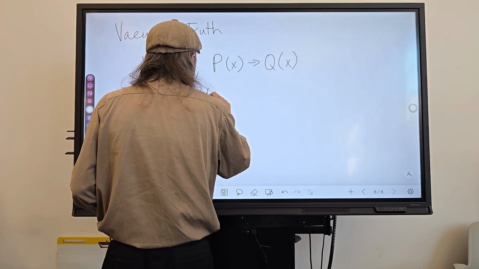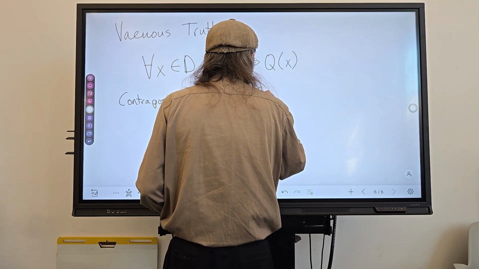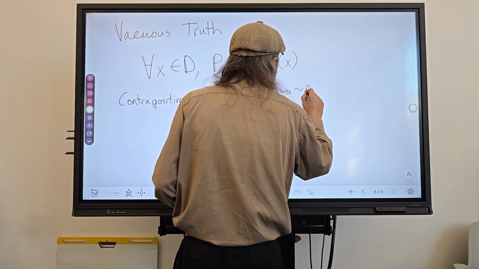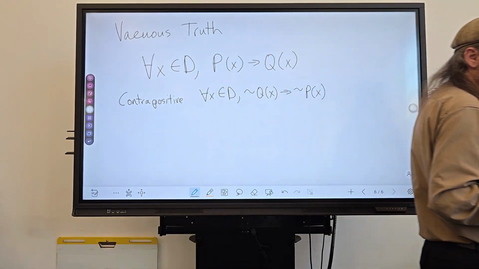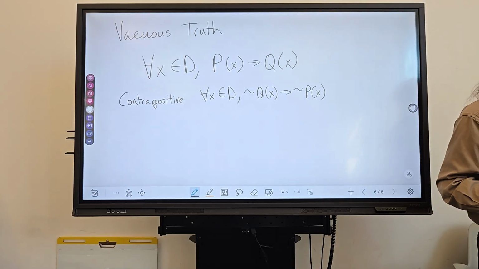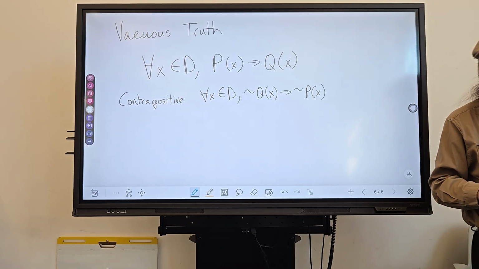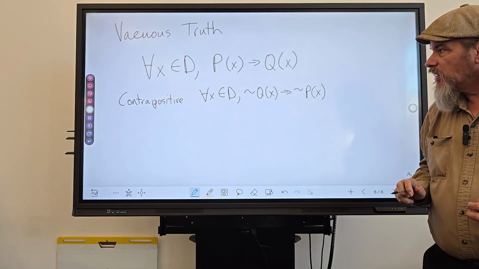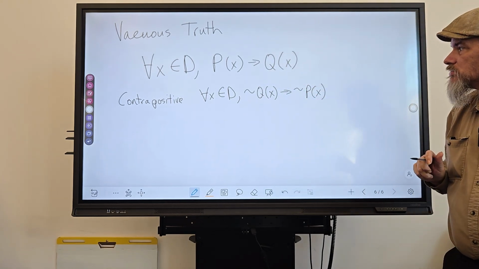For all x in D, not Q of x implies not P of x. Remember the contrapositive from conditional statements? It can be applied to universal statements as well. These two are equivalent because the contrapositive here is equivalent to the original conditional.